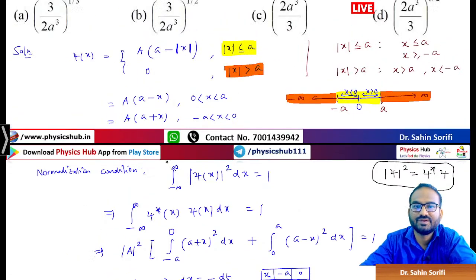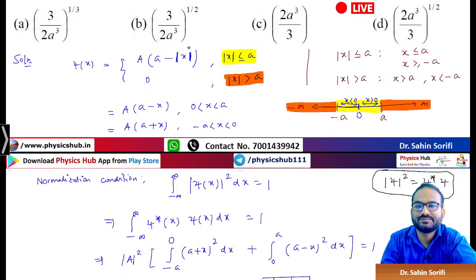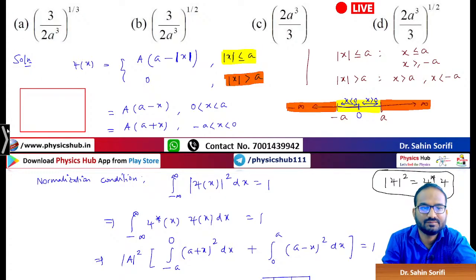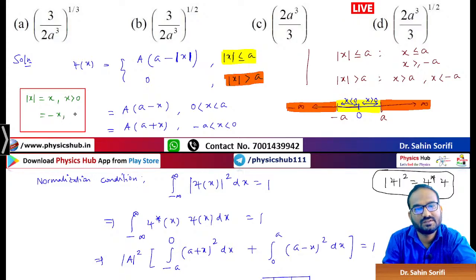Here it is mod x, right? So what is the value of mod x? Mod x is equals to plus x when x is positive, and it is minus x when x is negative. So mod x less equals to a corresponds to this region minus a to plus a.